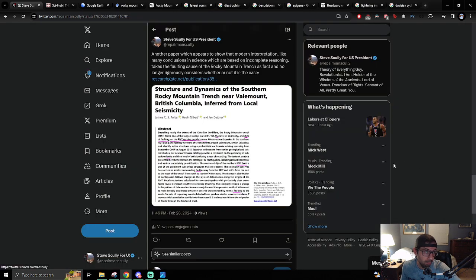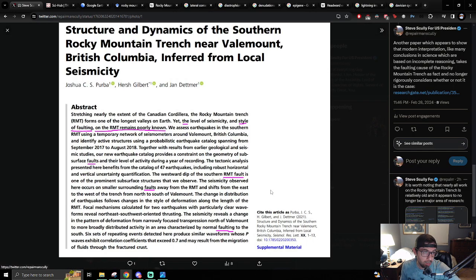We don't really consider it anymore. Structure and dynamics of the Southern Rocky Mountain Trench. They even say the level of seismicity, but specifically the style of faulting on the Rocky Mountain Trench remains poorly known.